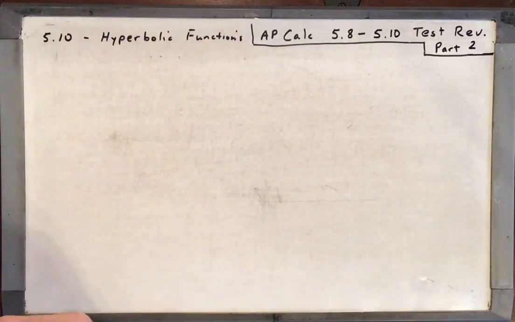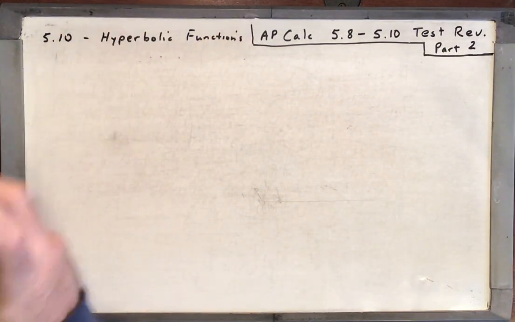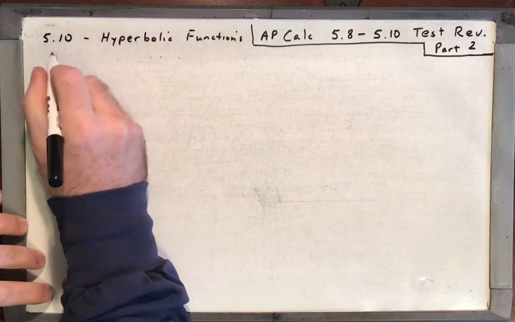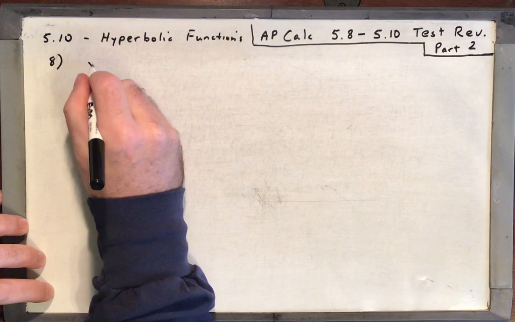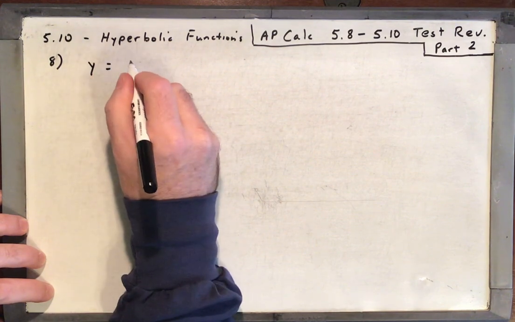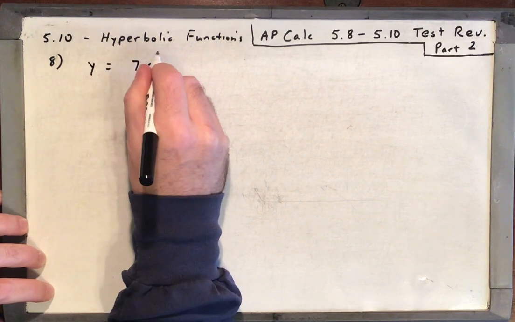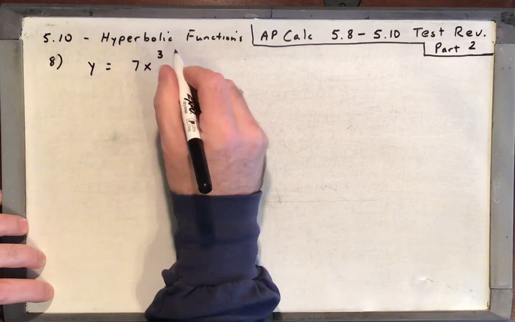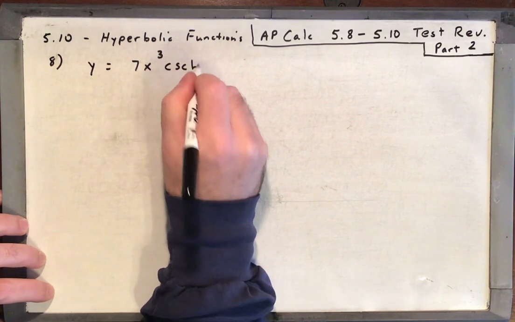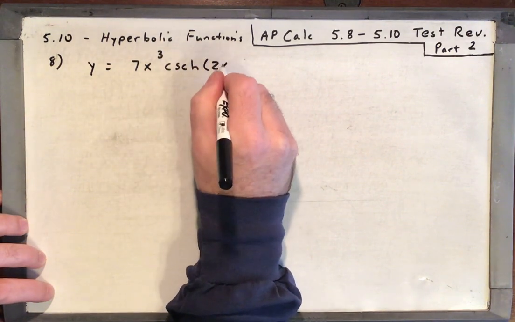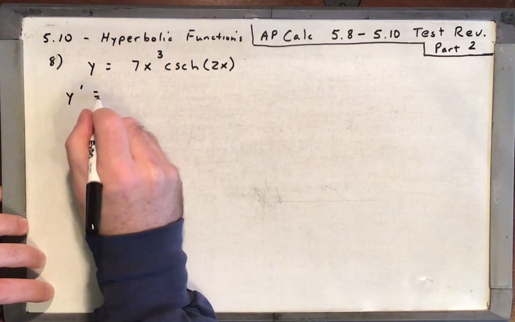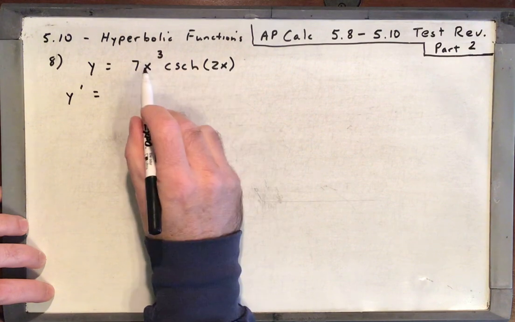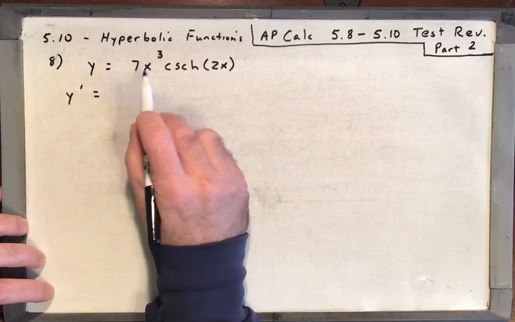All right, so we're still in topic 8. All right, let's say y is equal to 7x cubed times hyperbolic cosecant 2x. All right. Y prime, this is product rule, right? First times derivative of the second plus second times derivative of the first.